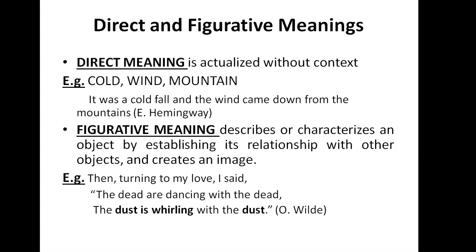It was a cold fall and the wind came down from the mountains. Ernest Hemingway. Figurative meaning describes or characterizes an object by establishing its relationship with other objects and creates an image. For example, then, turning to my left, I said, the dead are dancing with the dead. The dust is bright whirling with the dust.